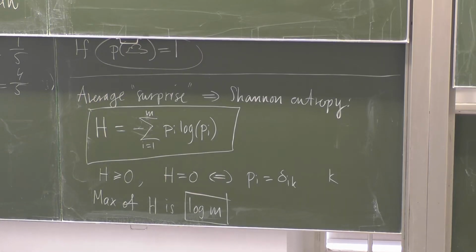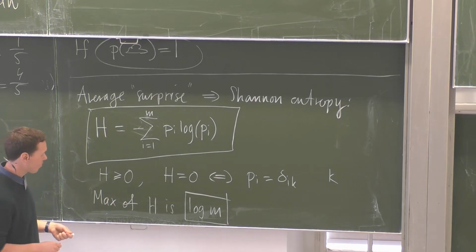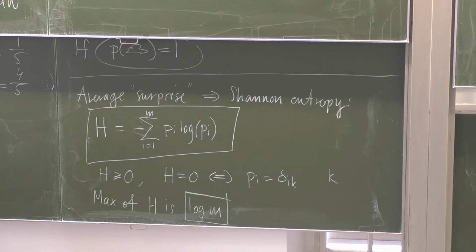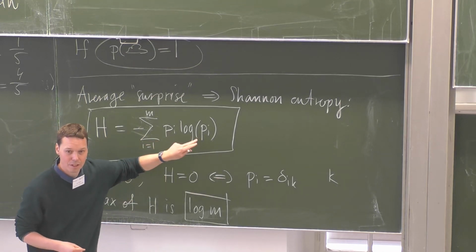But then I wake up and I get my measurements, my samples, and I compute my average surprise. And then I'll see that I was wrong, because I didn't have the right distribution. I got this distribution, but I didn't have the right values attached to it.